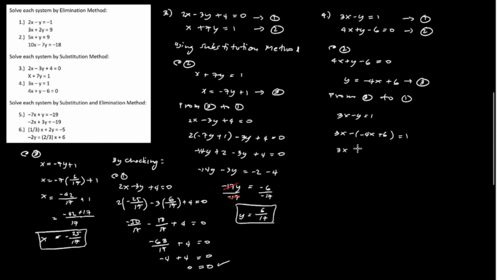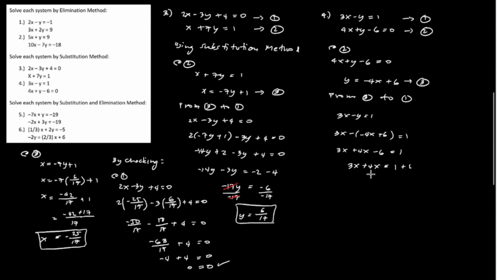So 3x minus times minus 4x or positive 4x minus times positive 6 or negative 6 is equal to 1. Variables to the left and constant to the right. So 3x plus 4x is equal to 1, negative 6 to positive 6.